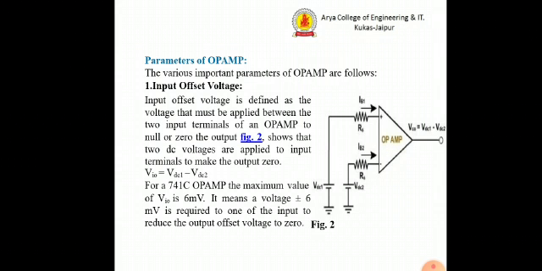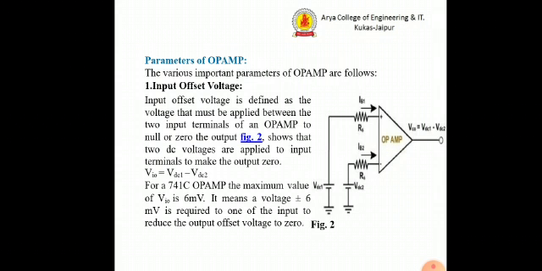Our figure 2 shows two DC voltages that are applied to the input terminals to make the output 0. The input offset voltage is denoted by V, which stands for voltage, I for input, and O for offset, which is why it is named VIO, equal to VDC1 minus VDC2.